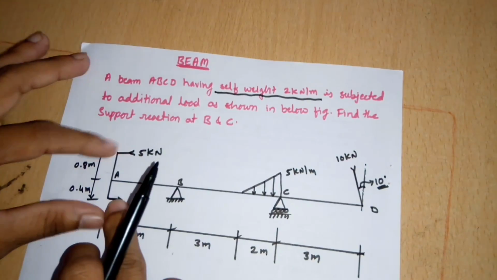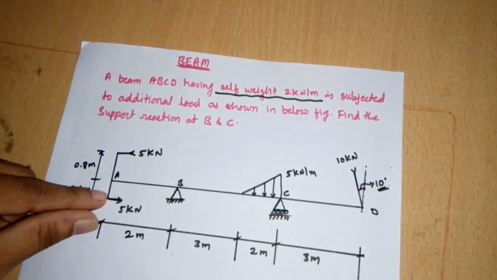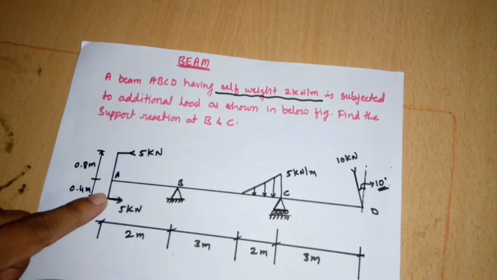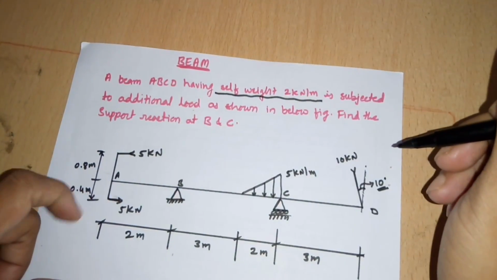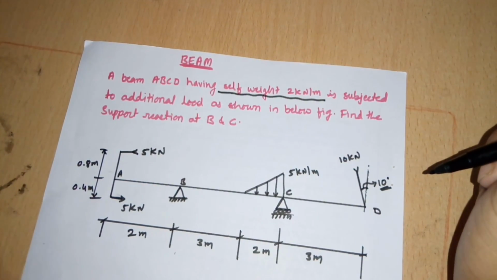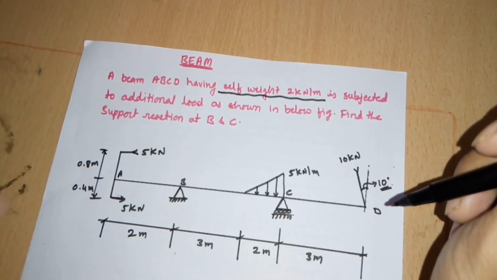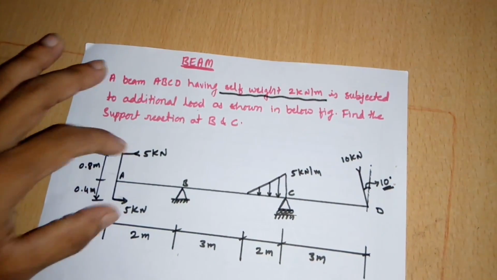So I have to convert this into either a perfectly vertical load or perfectly horizontal load, or else a moment. If it forms a moment, then we shall convert that into a moment. Let us start from here.